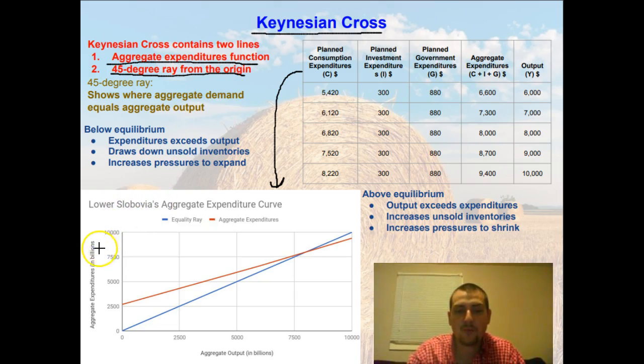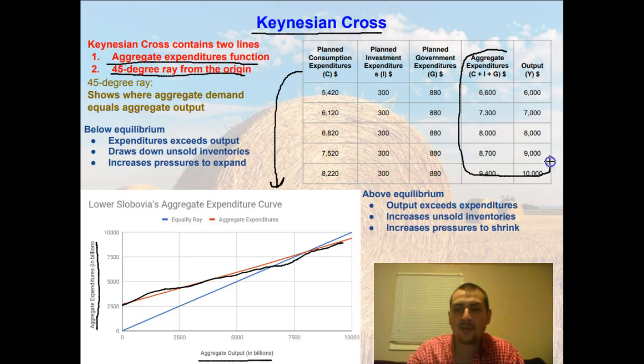We have this graph where it says aggregate expenditures over here on the left-hand side, and we have this aggregate output on the bottom. And then we have this nice little red line. That red line is our aggregate expenditures line. Well, how did we come up with that line? What we did is we took this aggregate expenditures relationship and how it compares to this output, and all we did is we made a line with it.